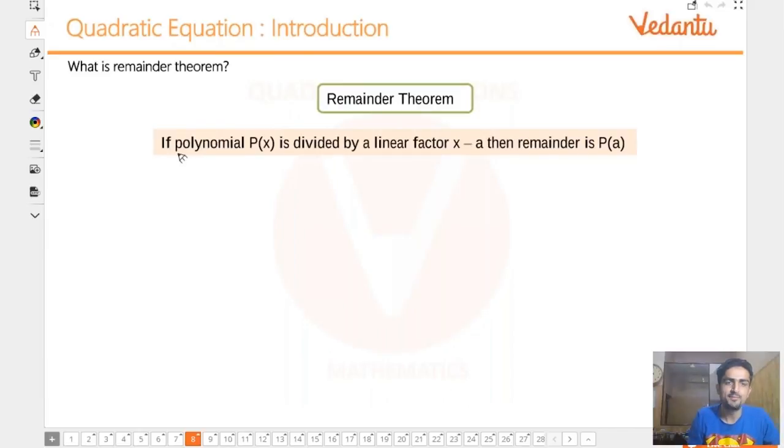Statement is very basic. If polynomial p of x is divided by a linear factor x minus a, then remainder is p of a.